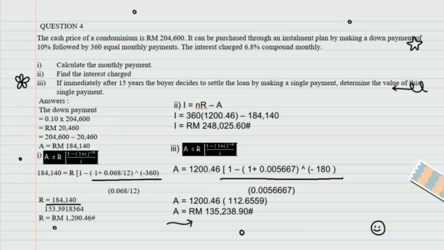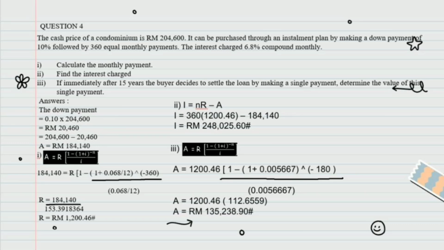So A equals 1,200.46[1 minus (1 plus 0.005667) to the power of negative 180, divided by 0.005667].